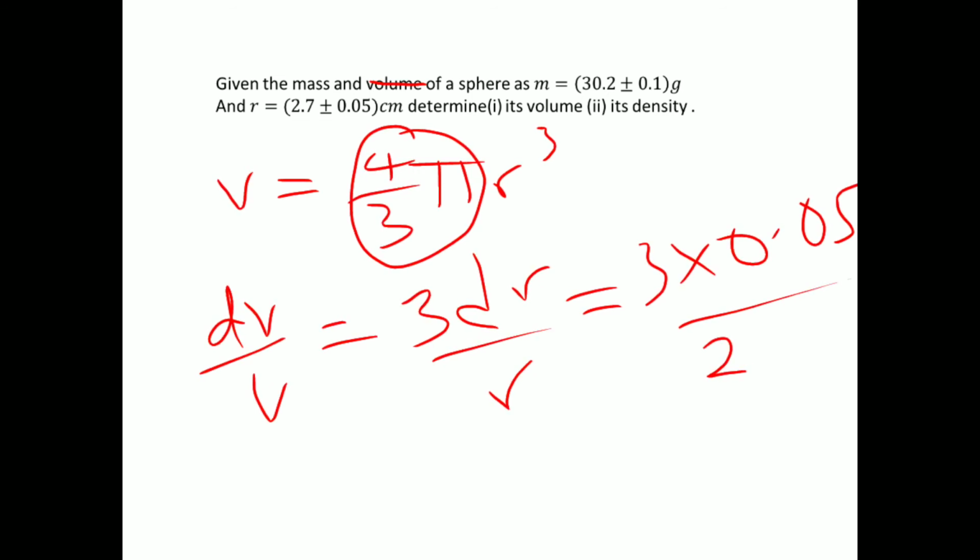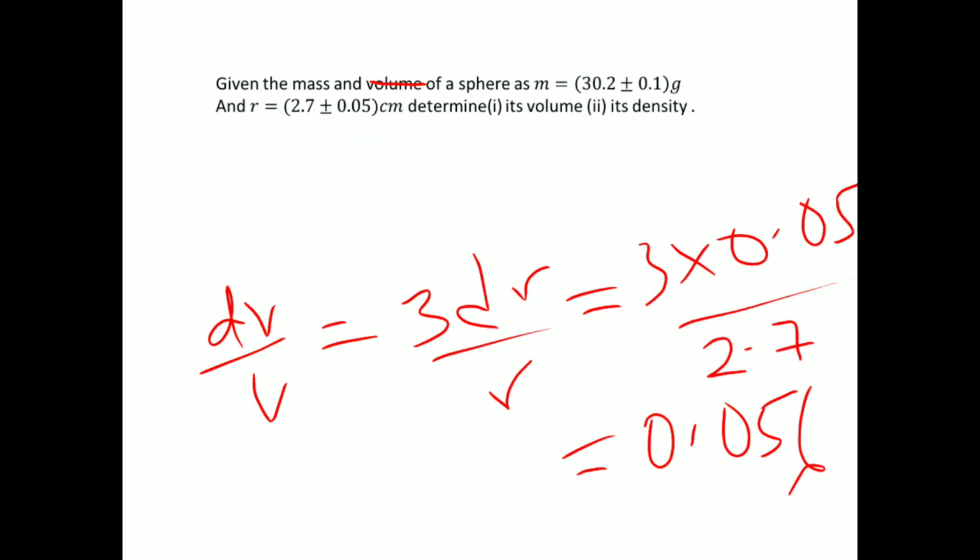If we calculate 3 times 0.05 divided by 2.7, we get 0.056. So dV over V is 0.056.